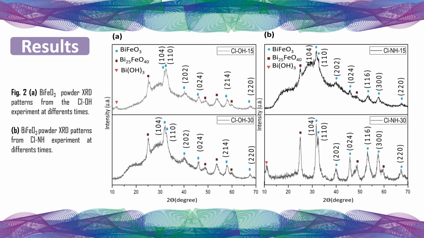The result of the chloride and ammonia 30-minute experiment is the most favorable, since it shows more defined peaks compared with the other experiments, which indicates greater crystallization in this reaction medium.